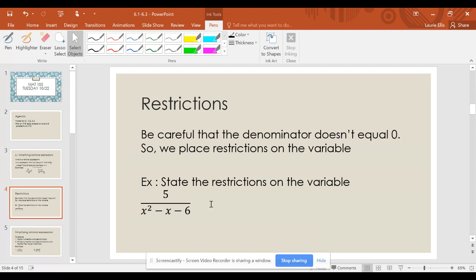Because of that rule that the denominator can't be zero, we talk about putting restrictions on the denominator. So for example, in this one, state the restrictions on the variable. What that means is, since we know that the denominator cannot be equal to zero, we figure out what x has to be to make the denominator zero.